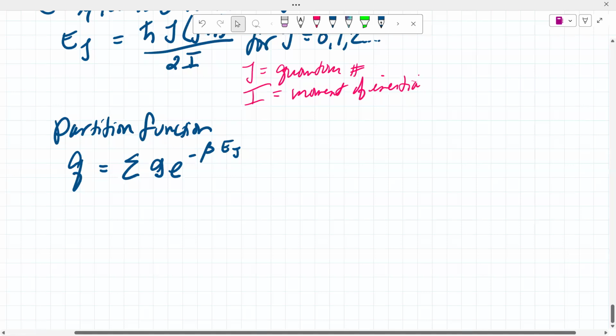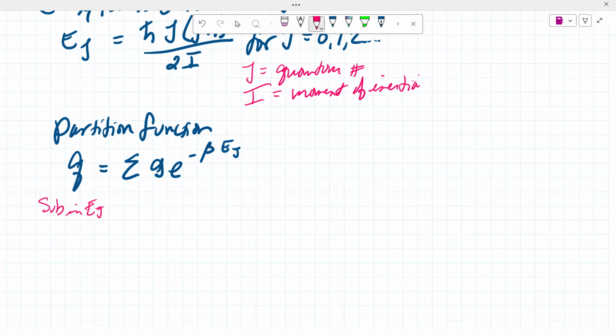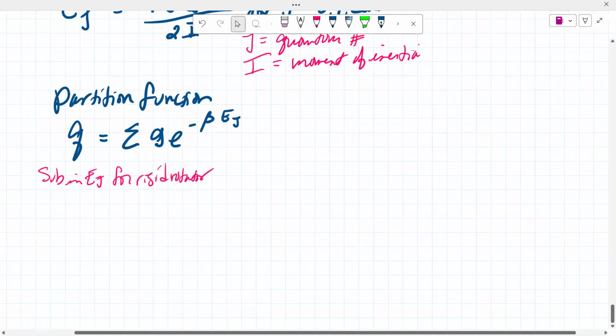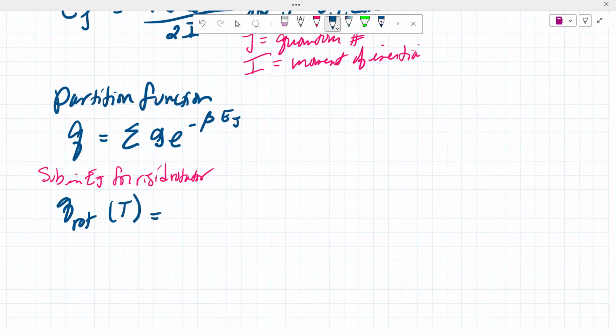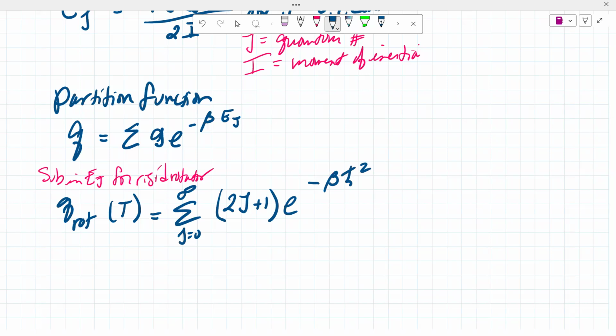So now we sub in E_J for the rigid rotator. So q rot of temperature equals the summation from J equals 0 to infinity, meaning it could be in any energy level whatsoever, of 2J plus 1 times e to the negative beta ħ² J times J plus 1 over 2I.